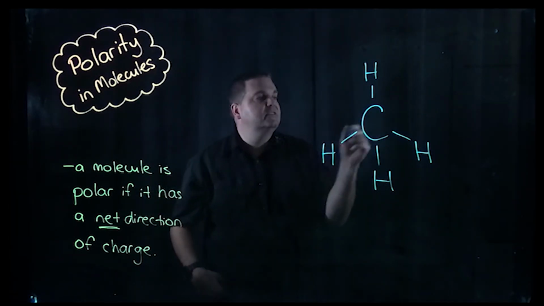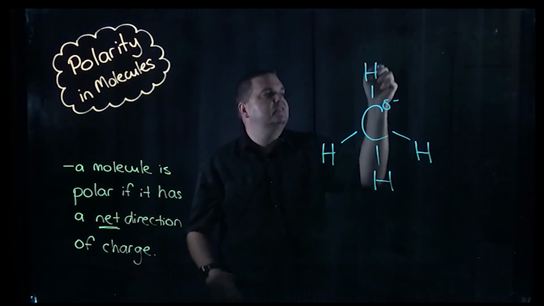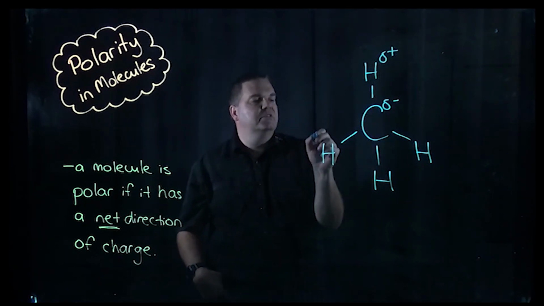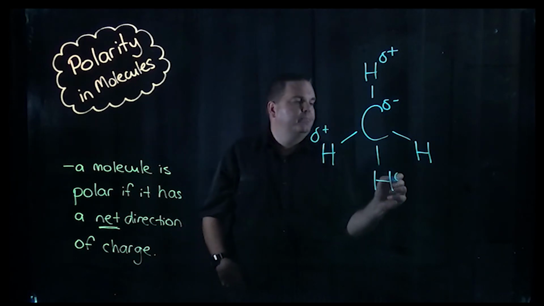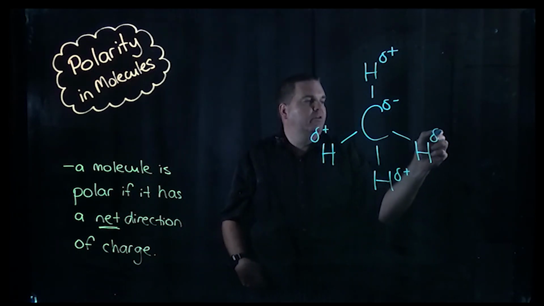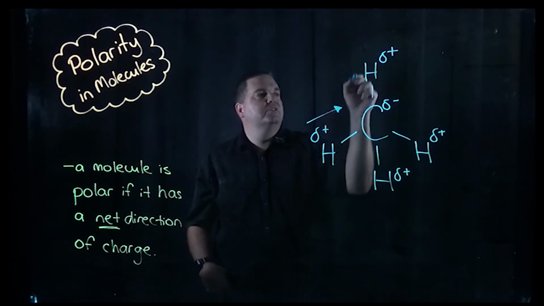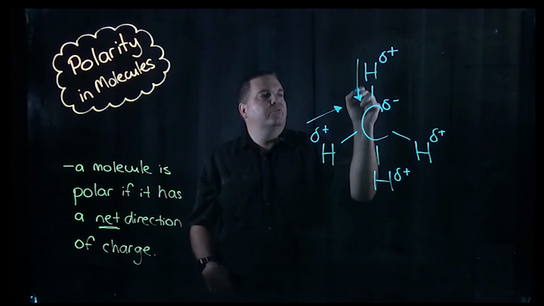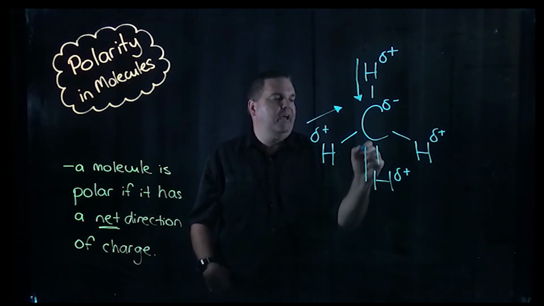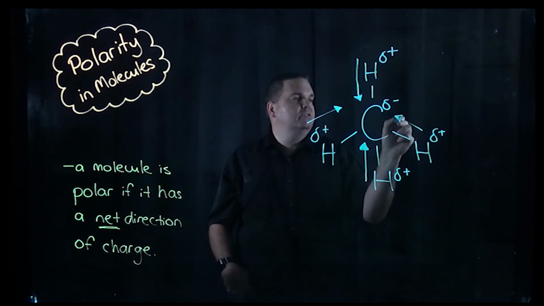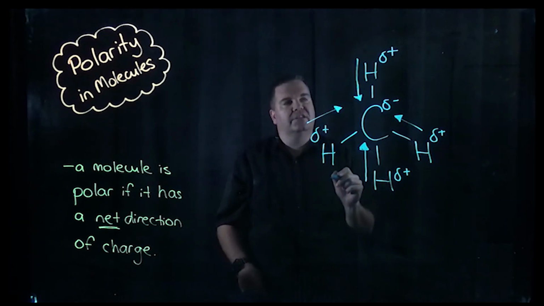Carbon is more electronegative than hydrogen, so carbon is delta negative, hydrogen is delta positive, okay? So for all of these bonds, polarity goes positive to negative. So as you can see pretty quickly, all of these arrows are going in opposite directions and cancelling each other out.